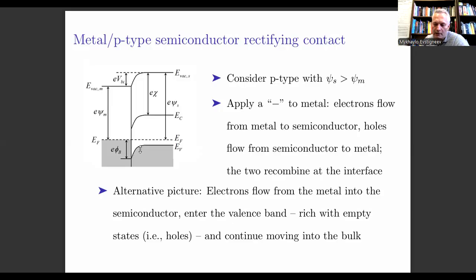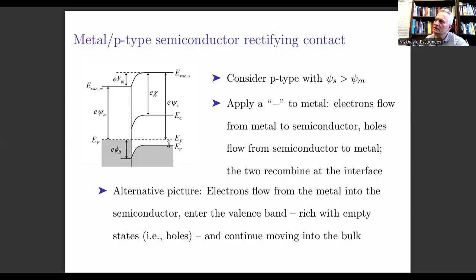Since this is a p-type semiconductor, the valence band has a lot of empty states, the holes. So the electrons from the metal can get into the valence band, and they continue moving away from the interface. Another picture: you are attracting holes from the semiconductor, you are pushing the electrons from the metal into the semiconductor, and the electron and hole armies meet at the interface and mutually recombine.